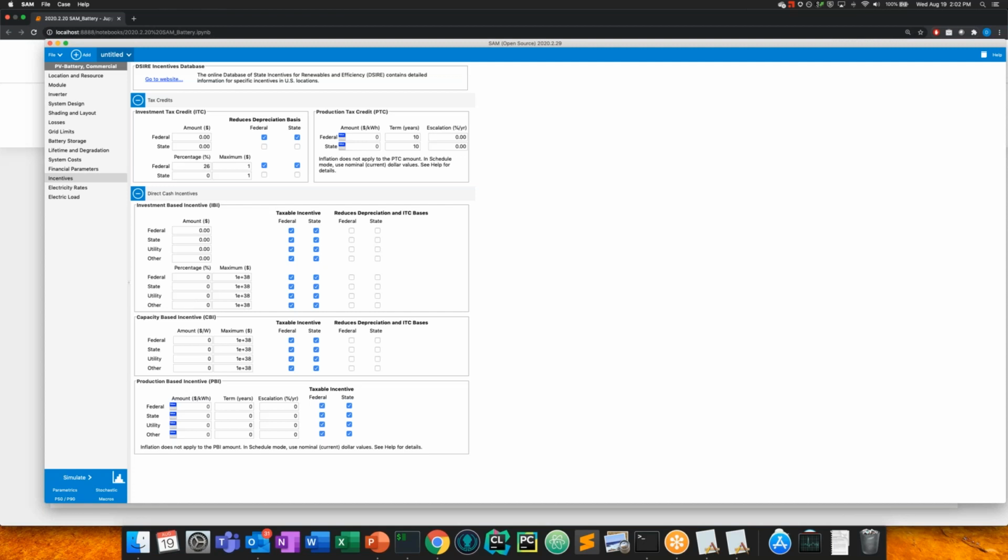So on the incentives page, there aren't check marks to say, don't only allow the battery to charge from PV, for example, or only allow it to charge from the grid, or whatever the requirement might be. So you have to do some iterative modeling to capture the way those incentives would actually work in a real project.